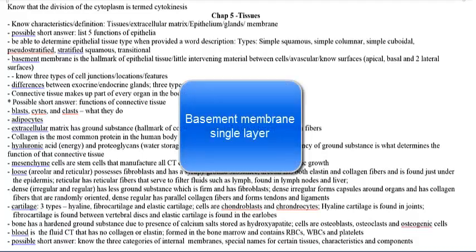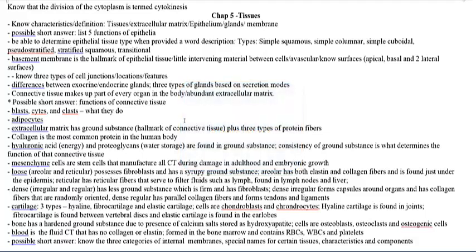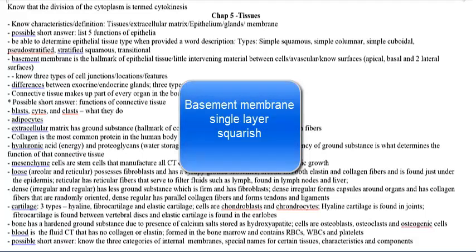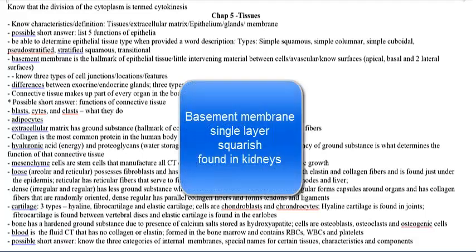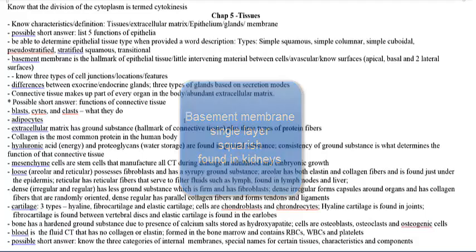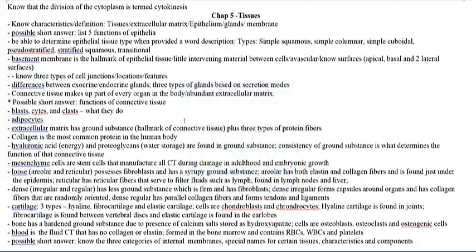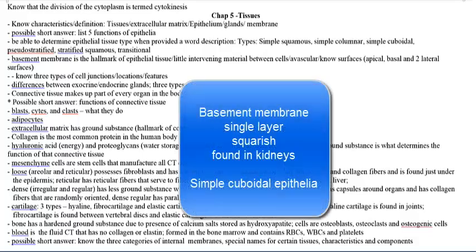So now you know it's a simple epithelial tissue. The next describing term is that it's squarish. And then the final describing term is found in kidney tubules. Hopefully from those 4 describing terms, and I'll say select the tissue type from your choices below, you'd select simple cuboidal epithelial.